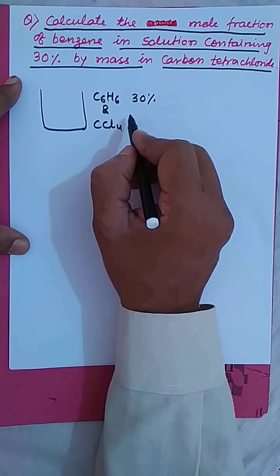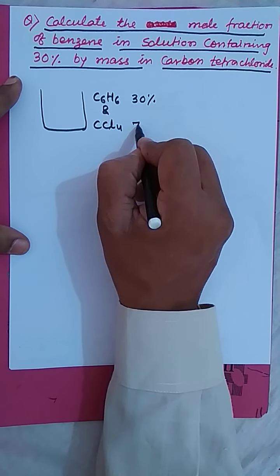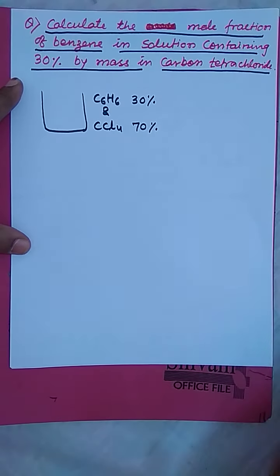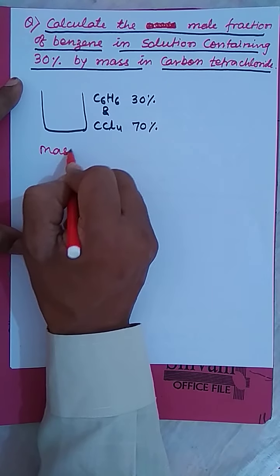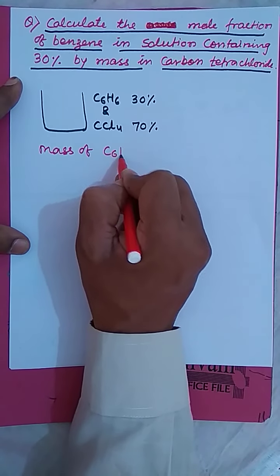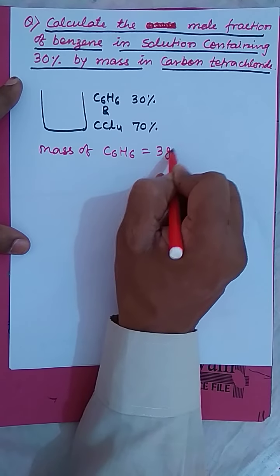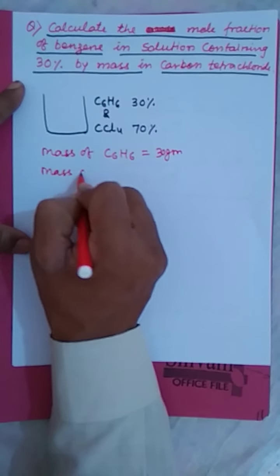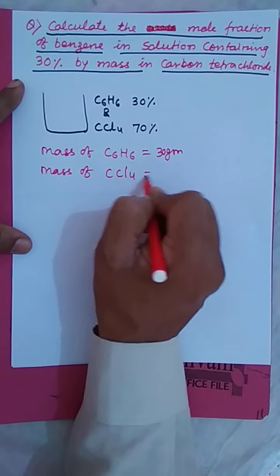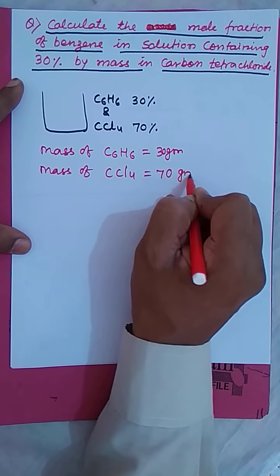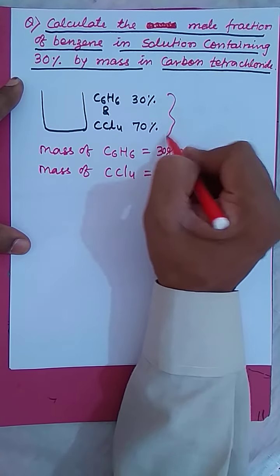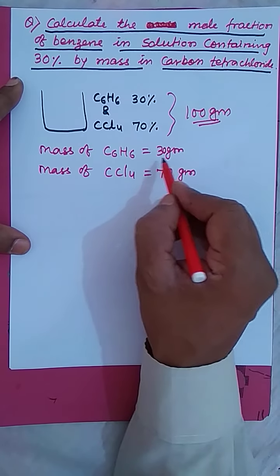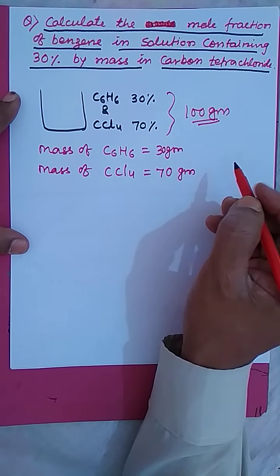So definitely CCl4 is 70%. Or you can say if the mass of benzene C6H6 is equal to 30 gram, then the mass of CCl4 carbon tetrachloride is 70 gram, because the total mass of solution is 100 gram. In 100 gram, 30 gram of C6H6 benzene is present, right?